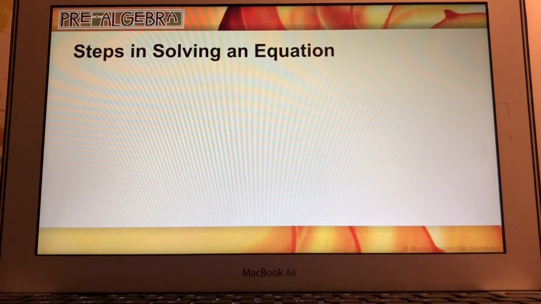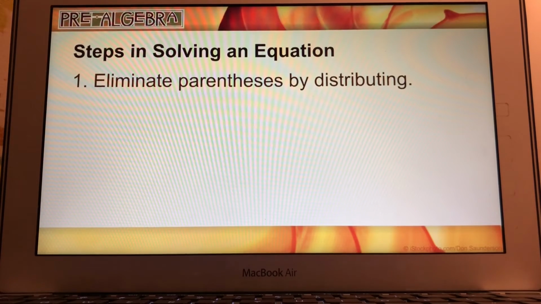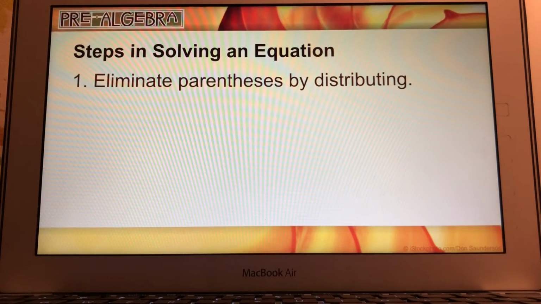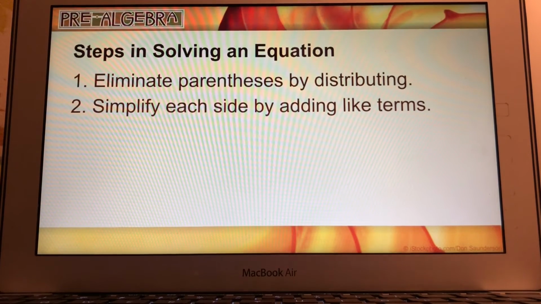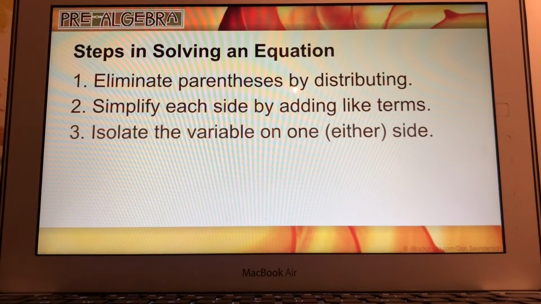So the steps to solving an equation. First, eliminate your parentheses by distributing a factor through the parentheses. Then simplify each side by adding like terms. Put your x's on one side of the equal sign and your numbers on the other side of the equal sign.